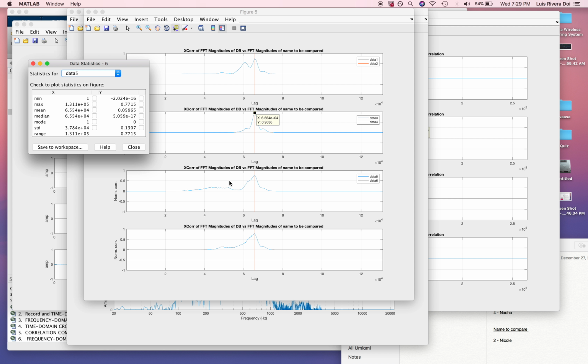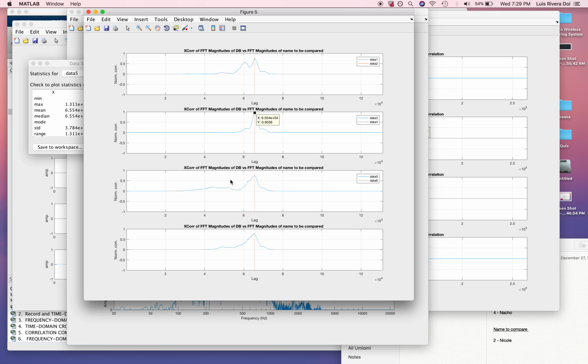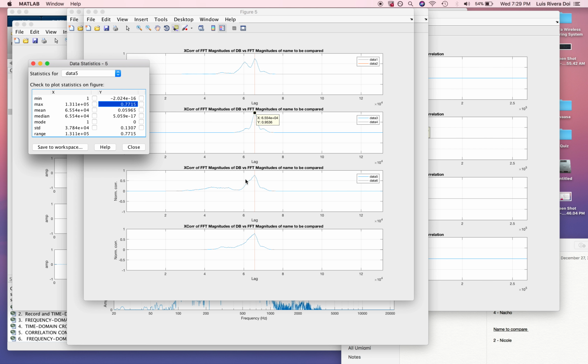Now here, there's a 77% chance, I'm looking at the number here, that Sarah matches Nicole in the frequency domain. And there's a 78% chance that Nacho matches with the way I said Nicole in the frequency domain.